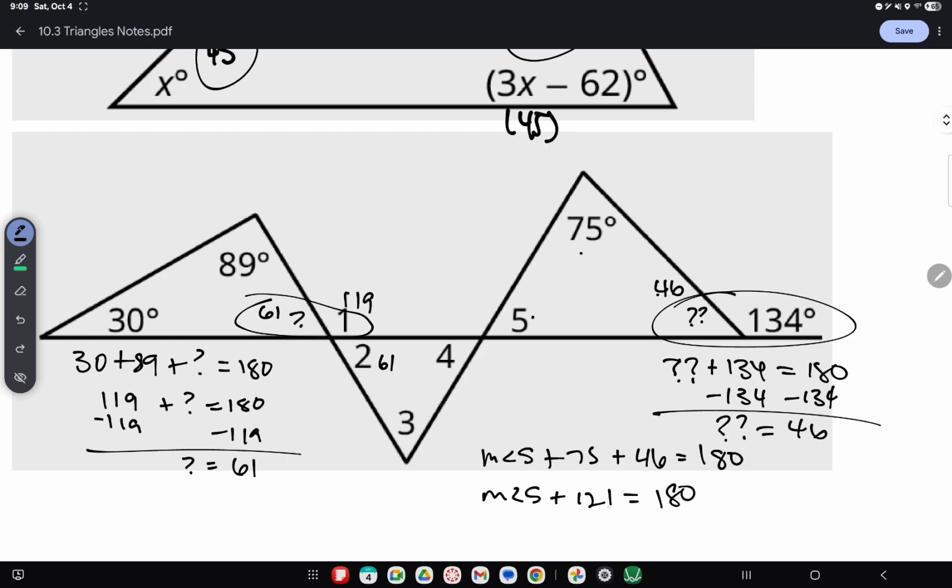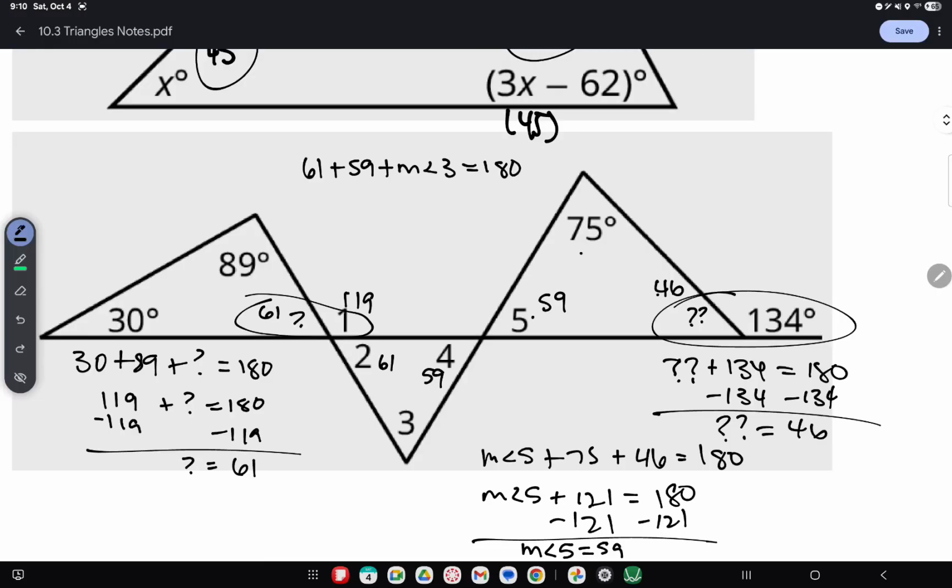So then we'll do 180 minus 121, so that the measure of angle 5 is 59. Angle 4 is a vertical angle to 5, so that's also 59. And then I can find the measure of angle 3, because 61 plus 59 plus the measure of angle 3 is 180.